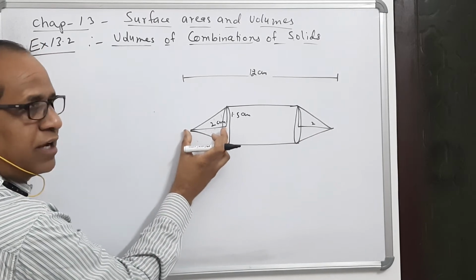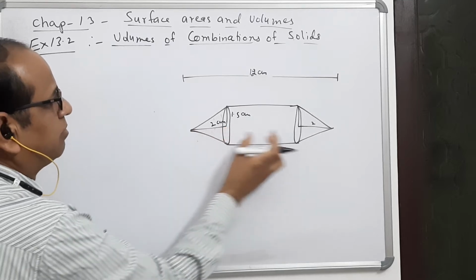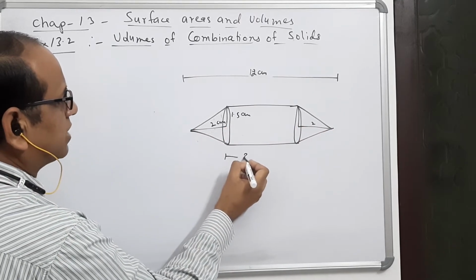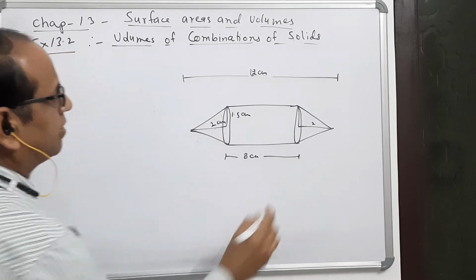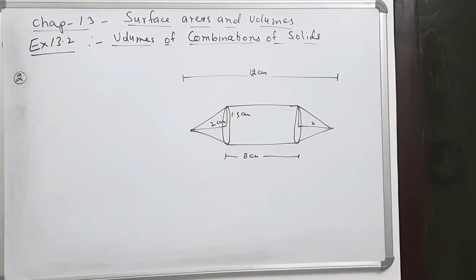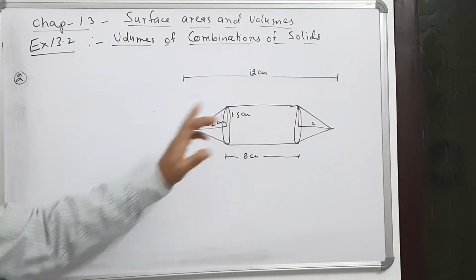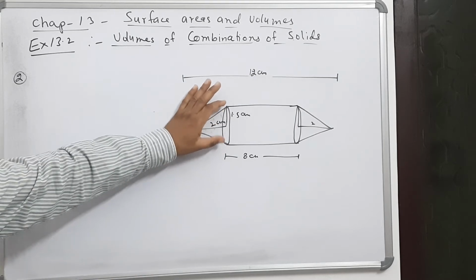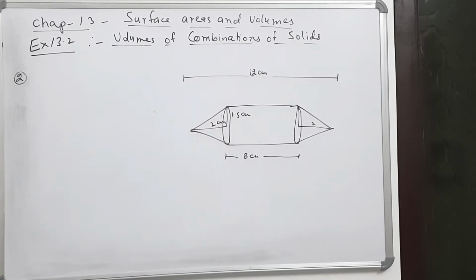The height of the conical part is 2 centimeter and this side it is also 2 centimeter. So the length of the cylindrical part will be 8 centimeter and the radius is 1.5 centimeter. These data are already given because the diameter is 3 centimeter, so the radius will be 1.5 centimeter.